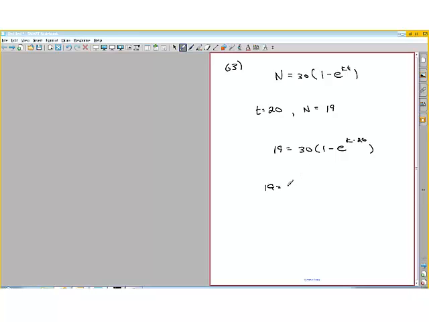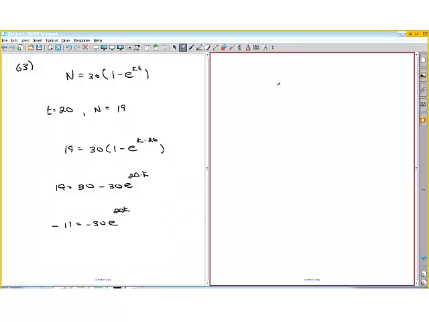Okay, so what do we have? We have 19 is equal to 30 minus 30 e^(20k). Let's subtract 30 from both sides, and that'll give us negative 11 is equal to negative 30 e^(20k). Divide both sides by negative 30, so we get e^(20k) is equal to negative 11 divided by negative 30, which is 0.366.